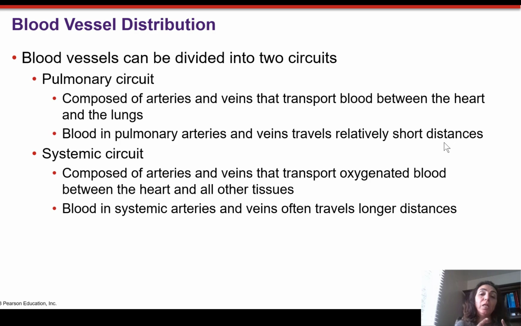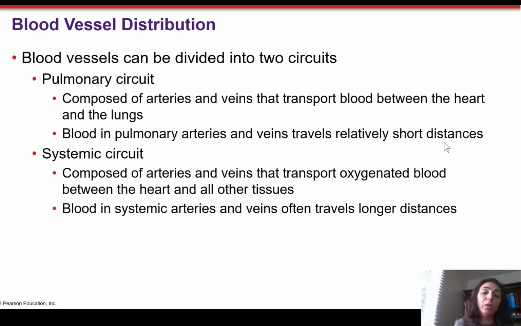Therefore, it doesn't need much pressure behind it. And generally, the pulmonary circuit is a low pressure circuit, right? So the vessel walls, like the arteries, don't have much pressure, and the right ventricle doesn't have to work against a high pressure either.